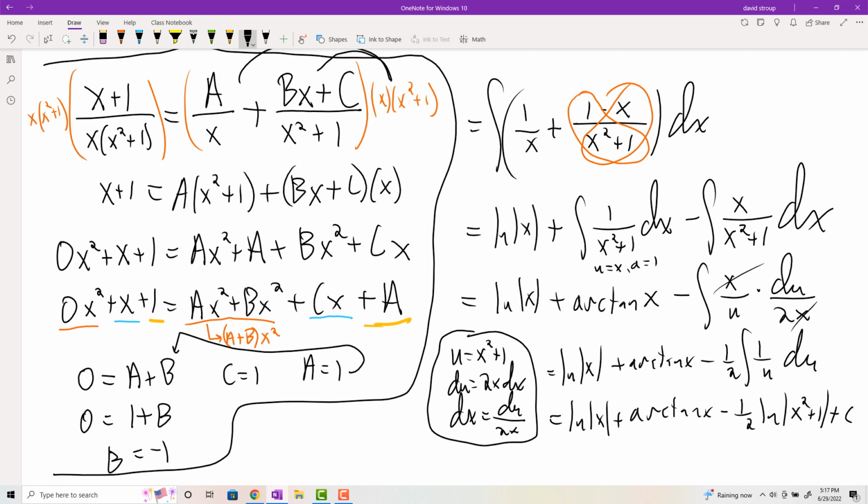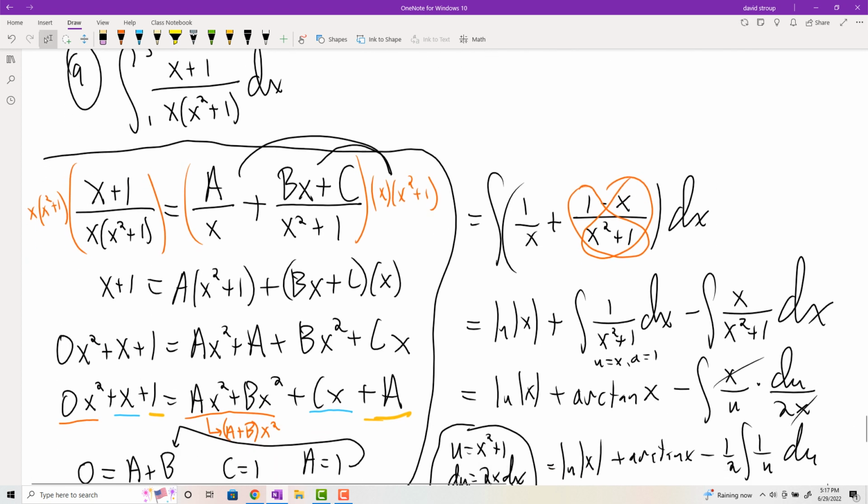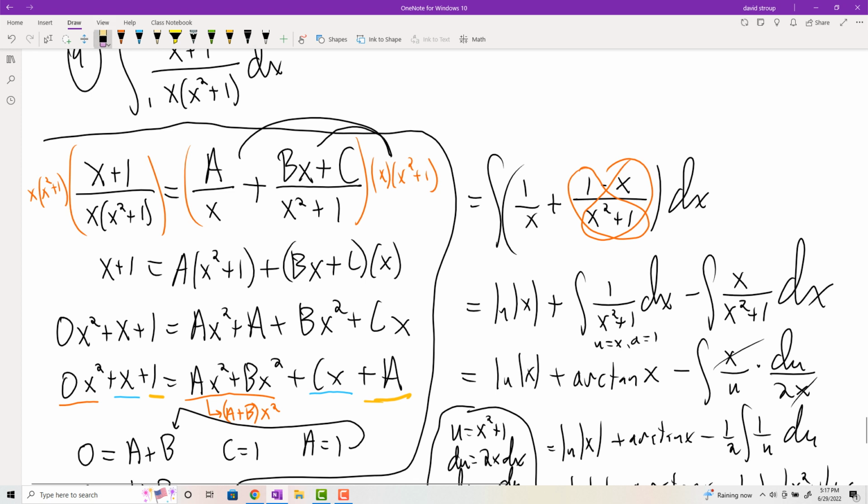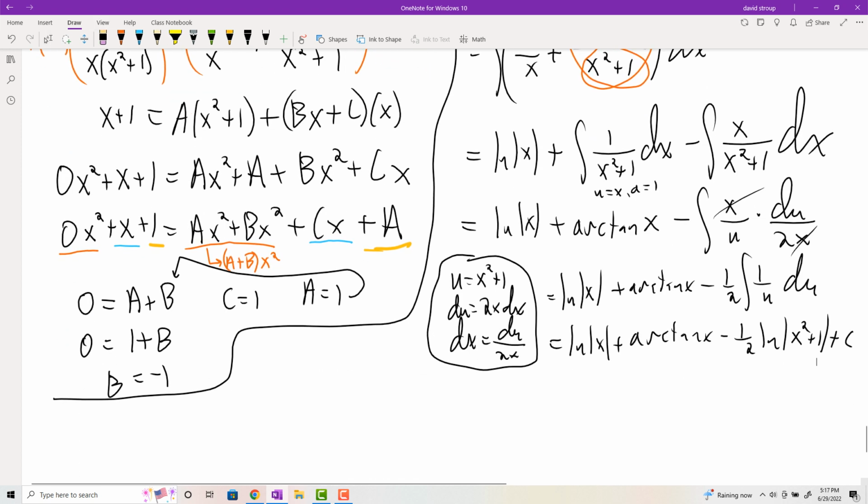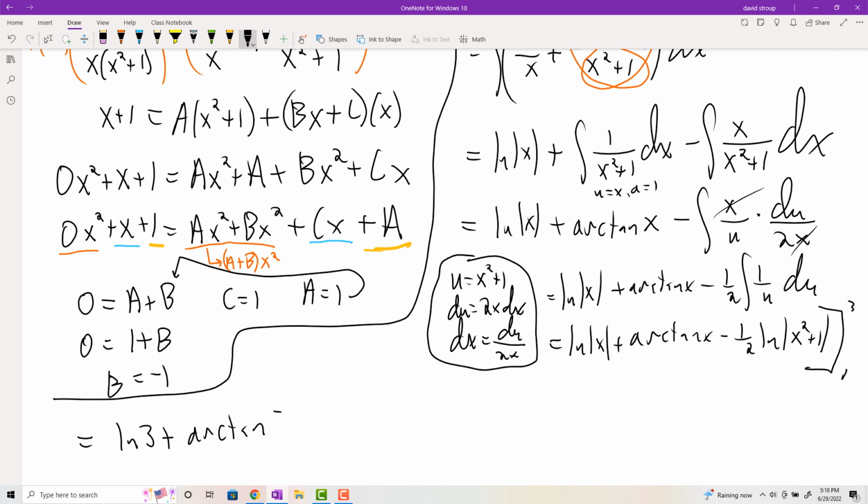Whoops, we were supposed to evaluate that guy, weren't we? Yeah, sorry. So there's no plus c. We have to evaluate. So evaluate from 1 to 3, and you could just get an approximation on your calculator, but it'll be ln of 3 plus arctan of 3. Those are the ones I need my calculator for.